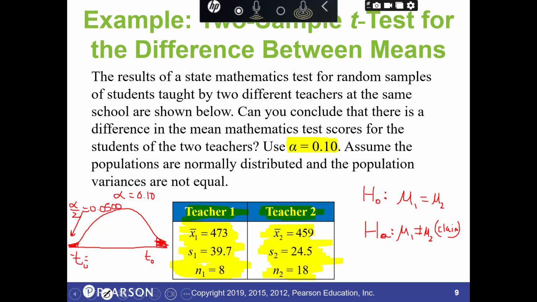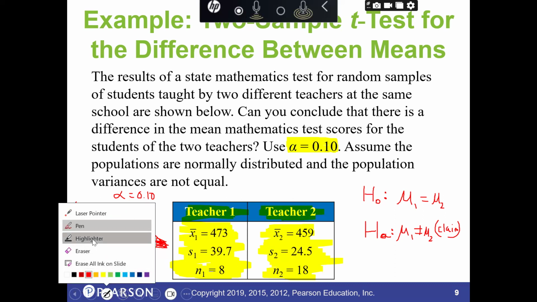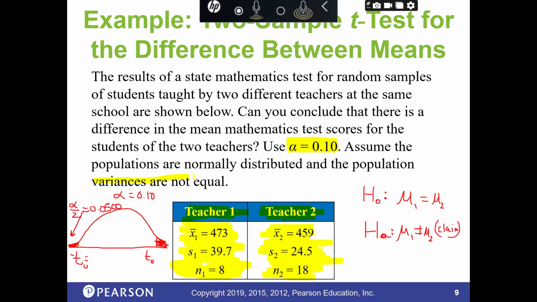All right, so first things first: variances are the same or not the same? Same. Okay, once we see that little piece right there, I'm going to jump a few slides here and there, okay?